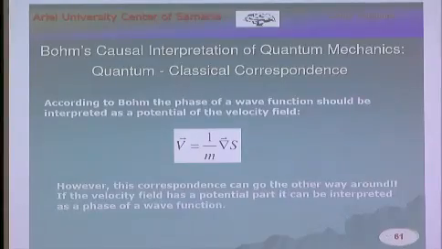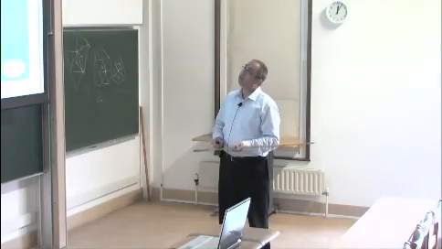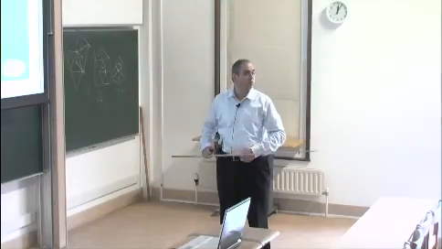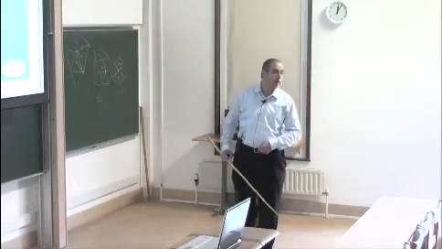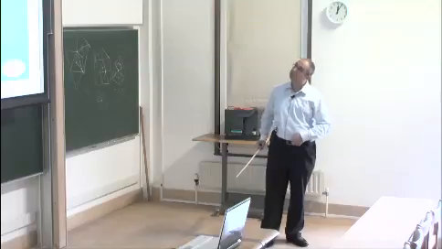But what I will try to suggest is that correspondence can go the other way around. If the velocity field has a potential part, it can be interpreted as maybe a phase of some wave function. But enough quantum mechanics, and let's go back to magnetohydrodynamics.